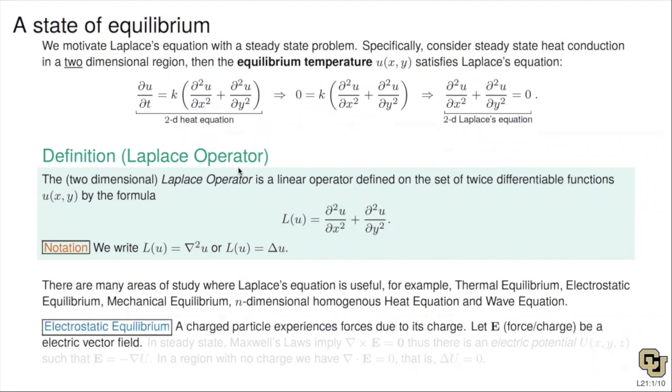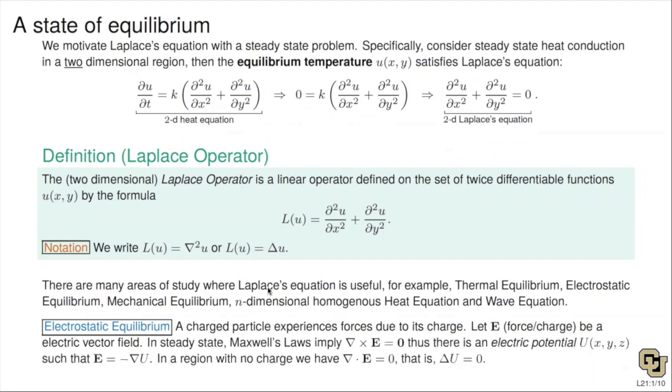And so one particular application that's slightly relevant to me is the application to electrostatic equilibrium. So here, if we have an electric vector field, then in steady state, Maxwell's laws implies that the electric vector field is proportional to the gradient of the electric potential.